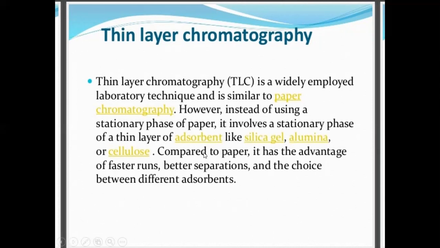Compared to the paper, it has the advantage of faster runs. It has a better separation and a choice of different adsorbents. So TLC has more advantages than paper chromatography.